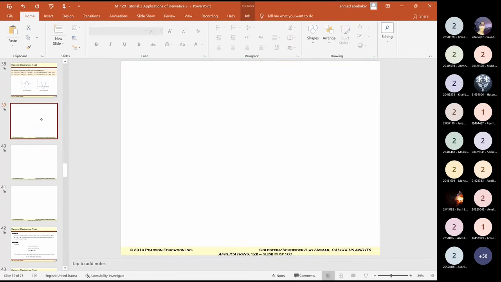So we have another test to determine which stationary point is a maximum or a minimum. This is called the second derivative test. This is for local extrema.